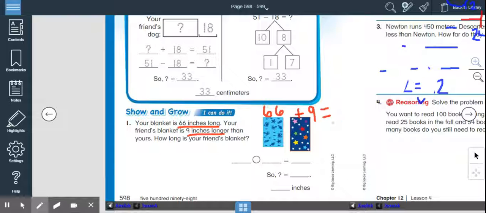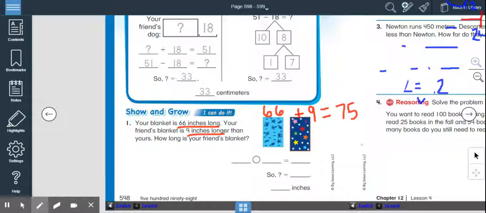I know 66 plus 10 is 76, and I'm going to take one away in my brain because I'm only adding 9. So 66 plus 10 is 76, but take one away because I'm only adding 9 is 75. Or you can count up: 66, 67, 68, 69, 70, 71, 72, 73, 74, 75.